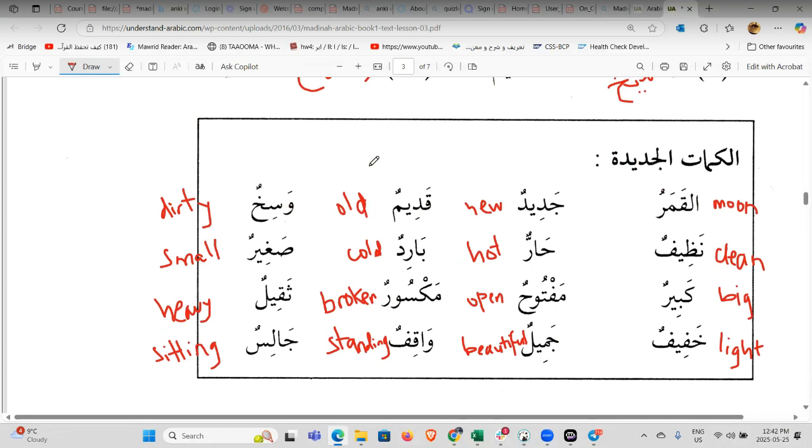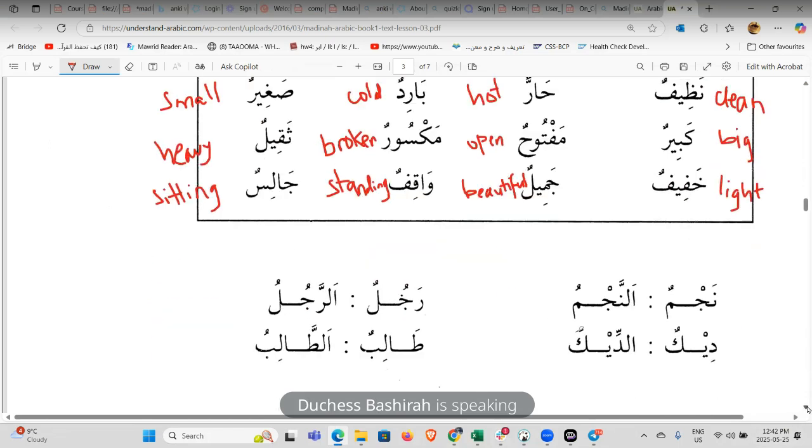You can apply it to people or to things for now. Someone asked about the last one, ijlis. Ijlis is a verb form for sitting.